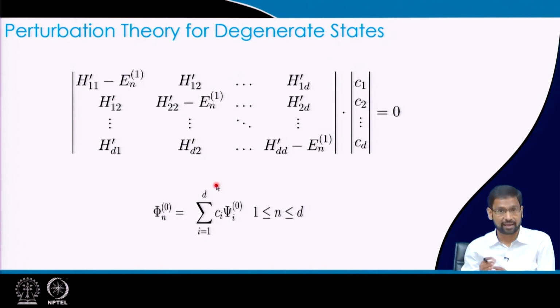I know how the perturbation takes the energy forward, and I also now know how I can come backward and obtain the proper definition of the unperturbed state function phi n0. Mind you, I have d number of such functions for d-fold degeneracy. So this would be the exercise that we have to do for any degenerate perturbation theory.